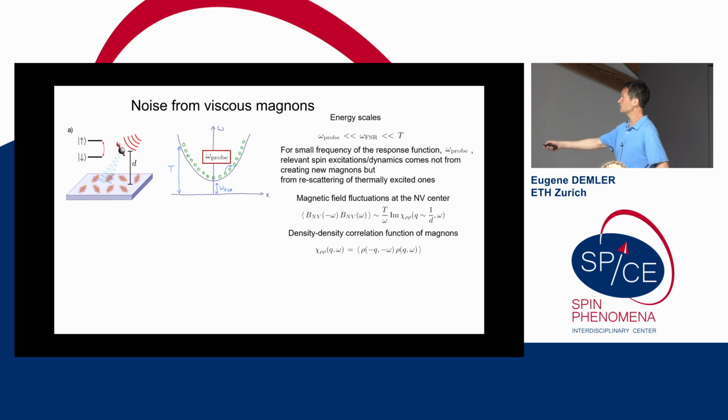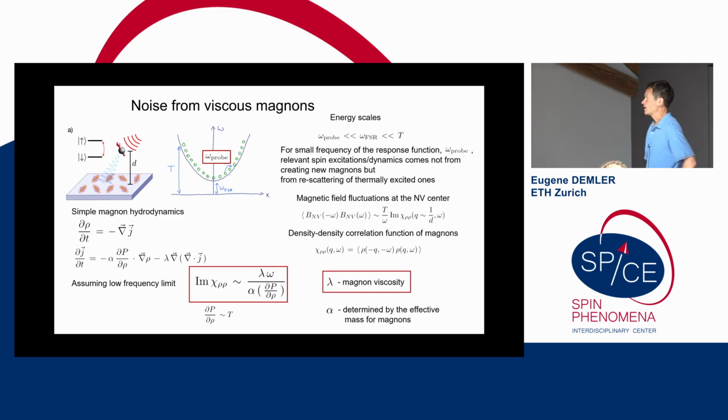So the fluctuations of magnetic field measured by the NV center will be like a density response of magnons, at the wave vector set by 1 over the distance to the NV center, and the frequency is the probe frequency that we use in our T2 spectroscopy.